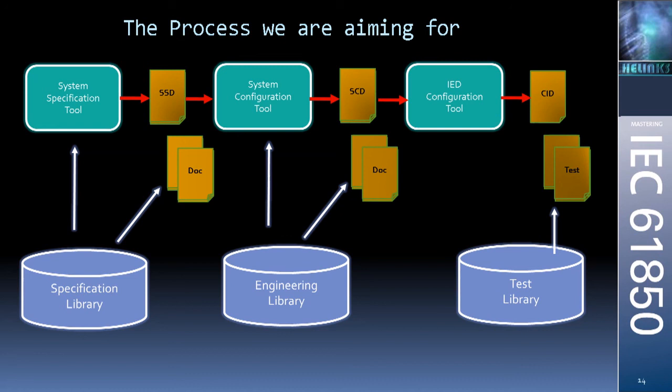So based on this communication specification, the system configuration tool can automatically create the complete communication configuration, so that all the work that we have done here manually, which takes a lot of time, is more or less automatically done out of these libraries and then transmitted to the IED configuration tool where the CIDs are created. This is the ideal process.